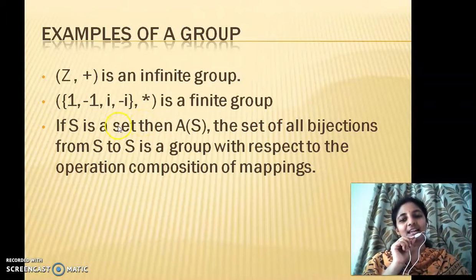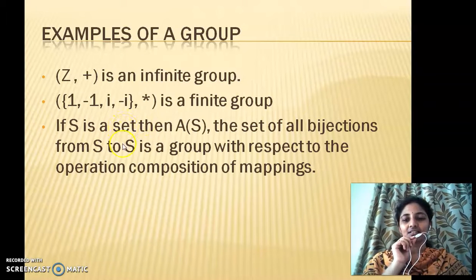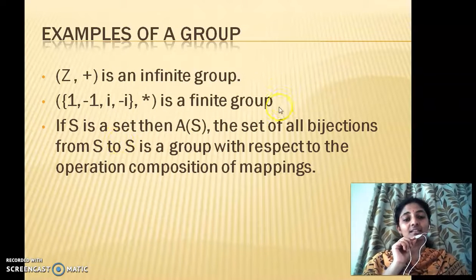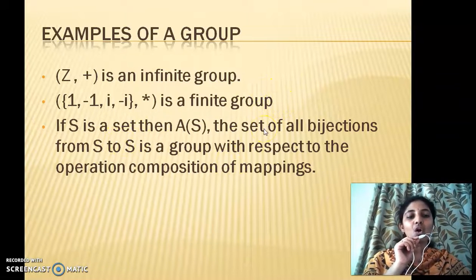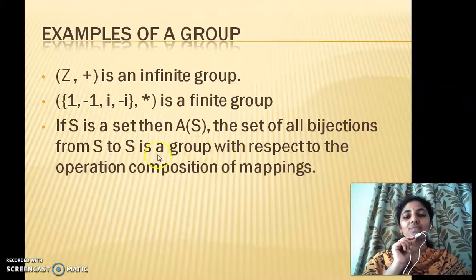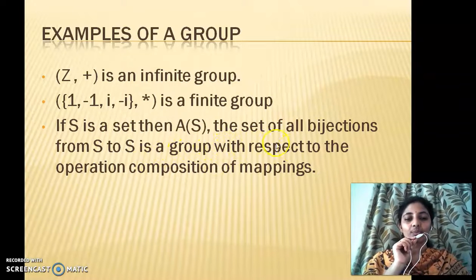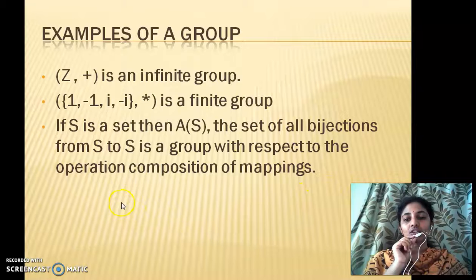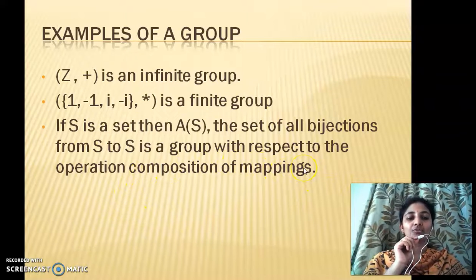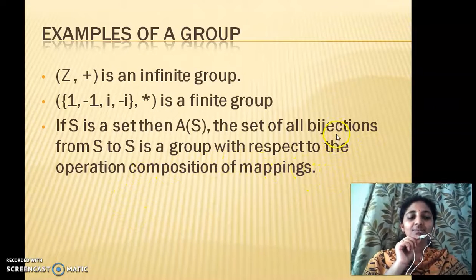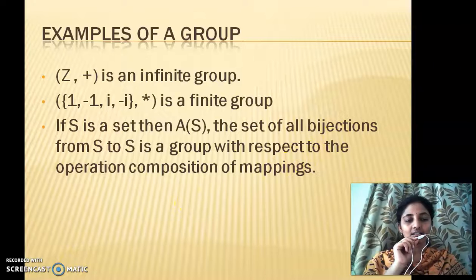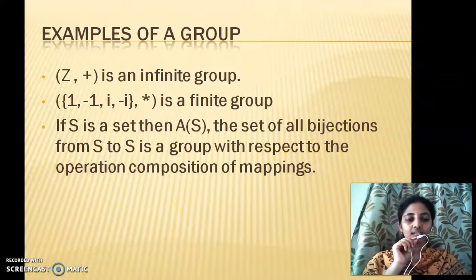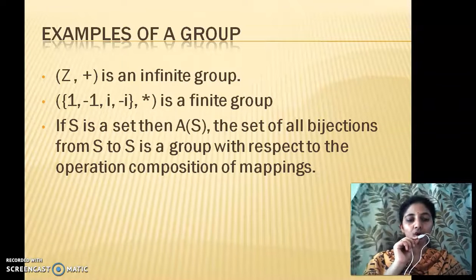And if capital S is a set, then A(S), which is nothing but the set of all bijections from S to S, is a group with respect to the operation composition of mappings. Here the term bijection is nothing but a mapping which is both one-one and onto.